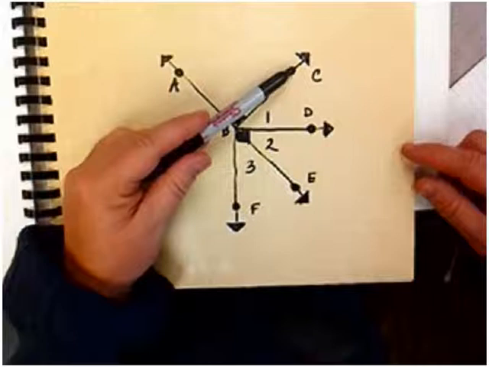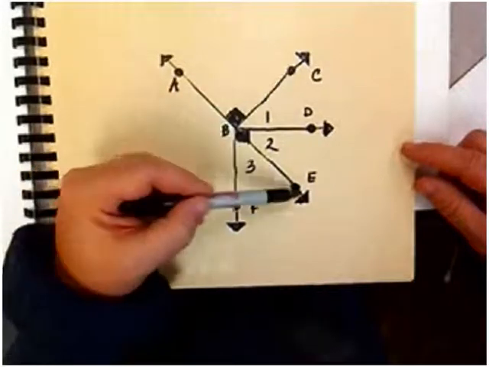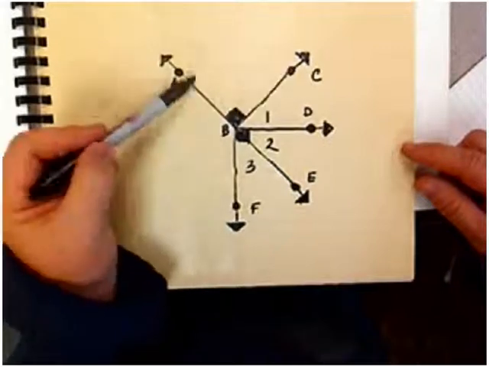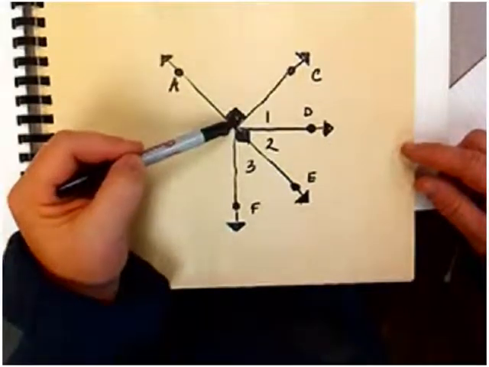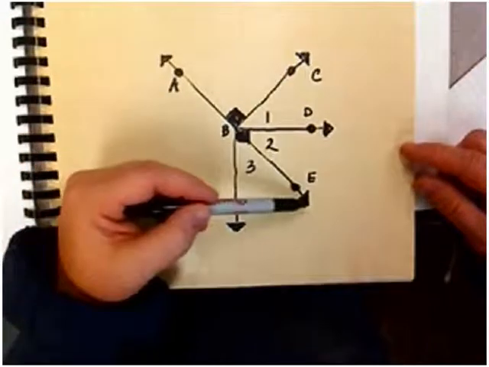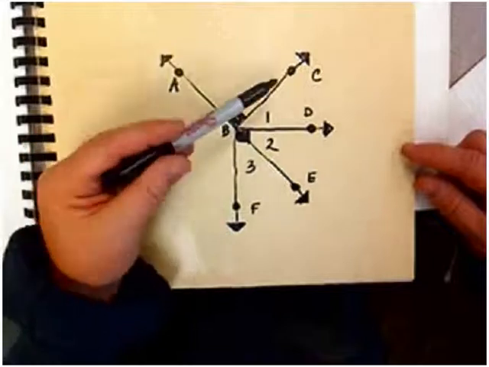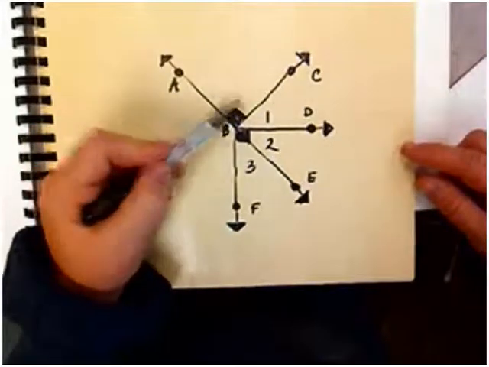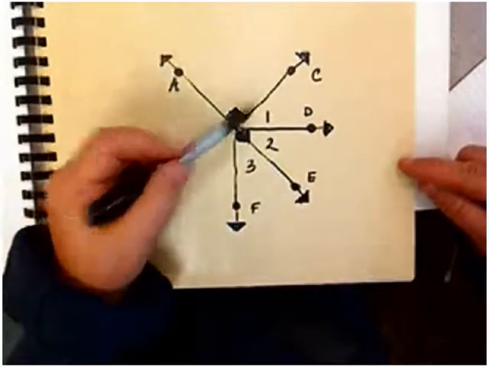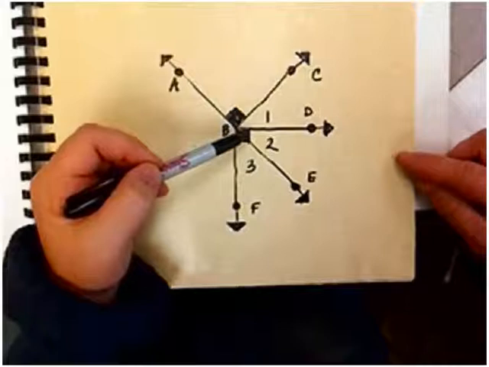Notice that CBE is adjacent to ABC, and ABC is 90 degrees. We were told that AE is a line perpendicular to BC, so we have a linear pair here, and a linear pair always equals 180 degrees. So if ABC is 90 degrees, CBE is also 90 degrees, so yes, they are congruent.